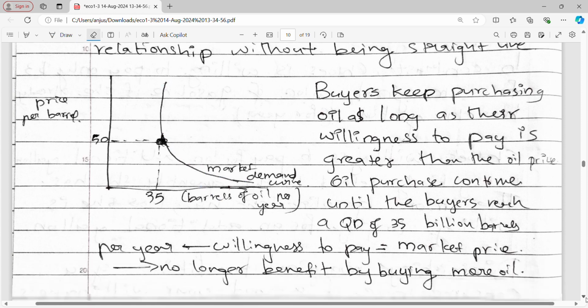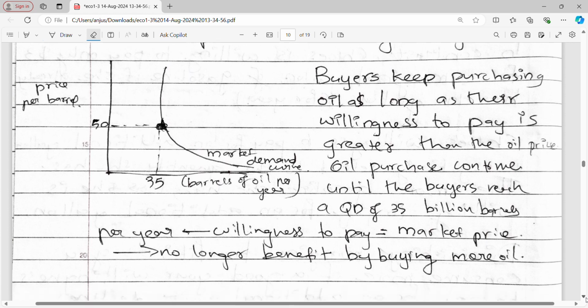So here buyers keep purchasing oil as long as their willingness to pay is greater than the oil price. We studied the diminishing marginal benefit. So till that point they'll keep on buying. Oil purchases continue until the buyers reach a quantity demanded of 35 billion barrels per year, at a market price of $50 per barrel.